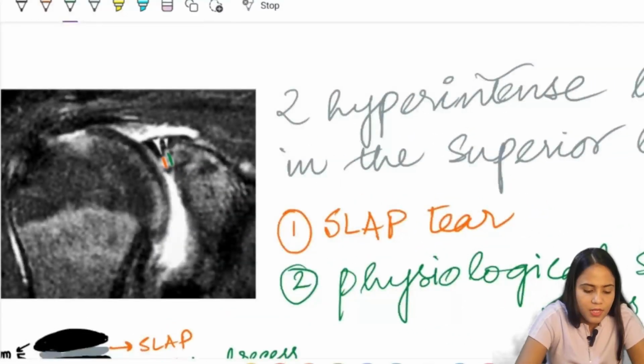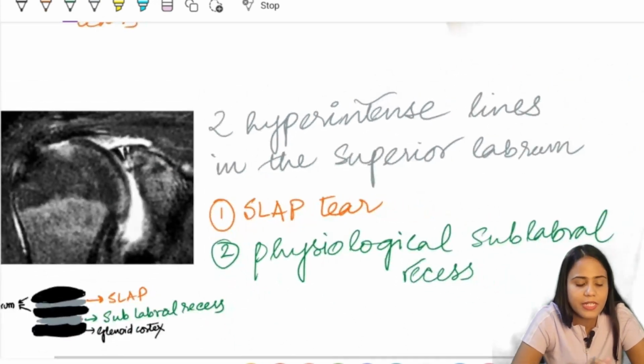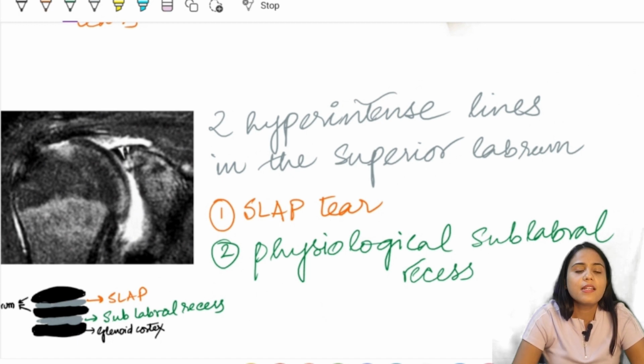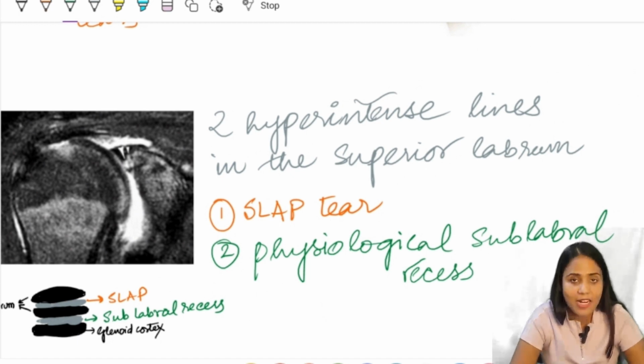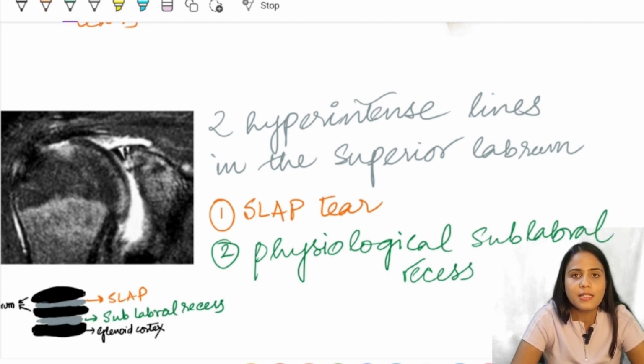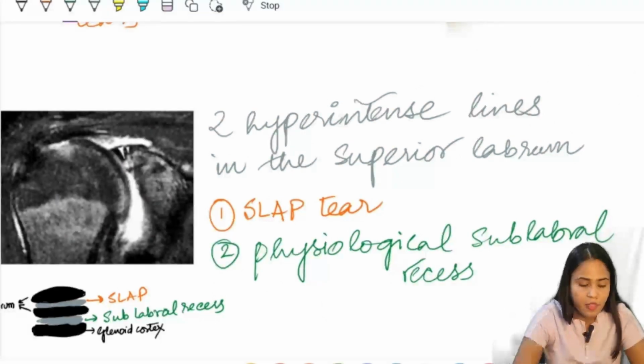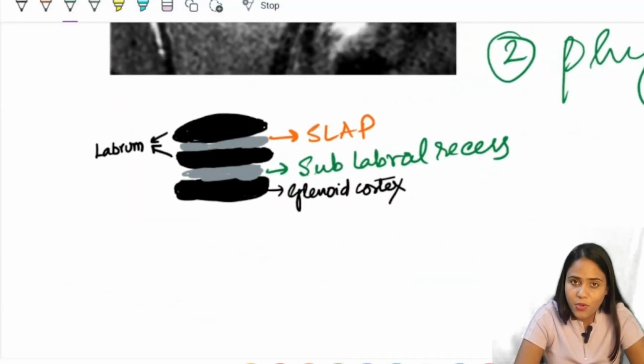So we have two hyperintense lines. Number one, which is the fluid because of the SLAP tear, and number two is a physiological fluid in the sublabral recess. So here is the double Oreo cookie.